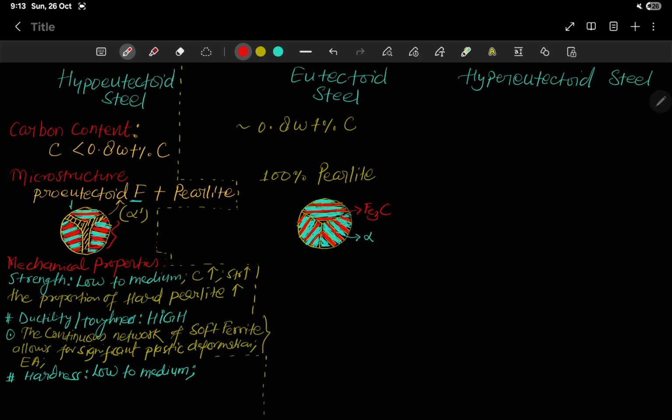We have learned earlier that alpha ferrite is a soft and ductile phase, and the cementite Fe3C phase is very hard and brittle. So perlite has a combination of soft and harder phase. Let's try to explore its mechanical properties.